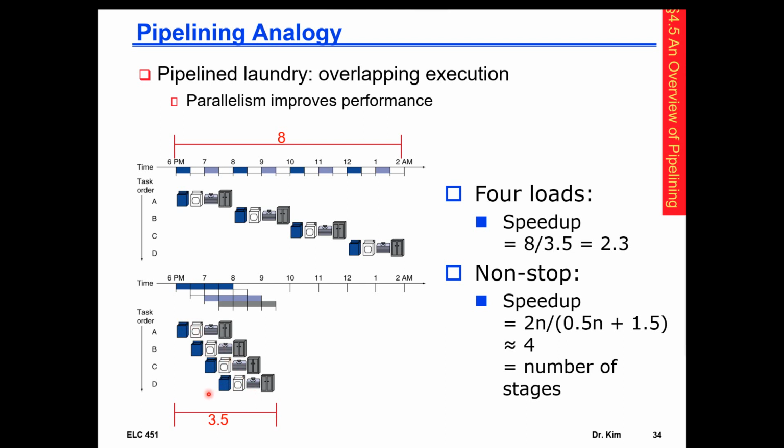So the analogy here of the duplication of resources is that now here a single person could go and do each step, and then that person goes and does all 4 steps.